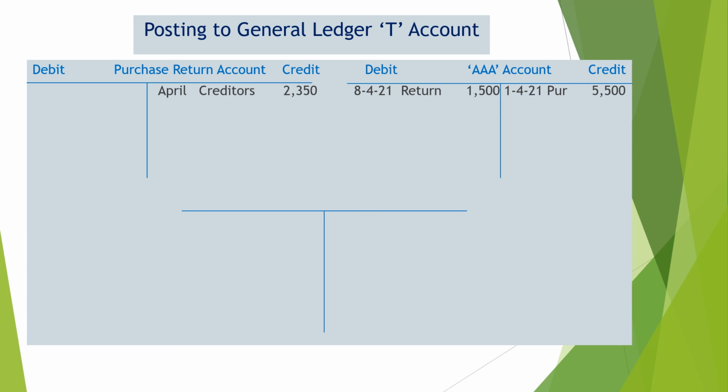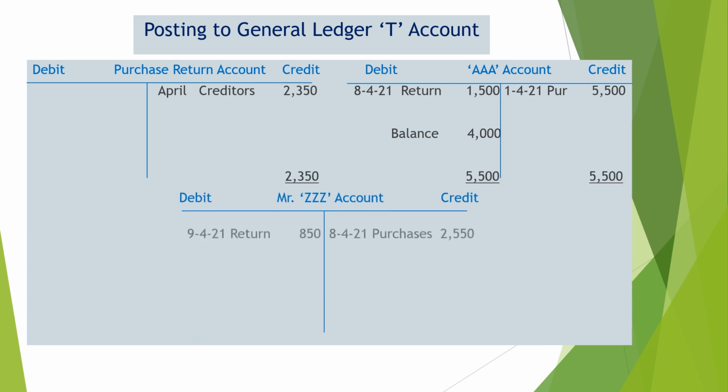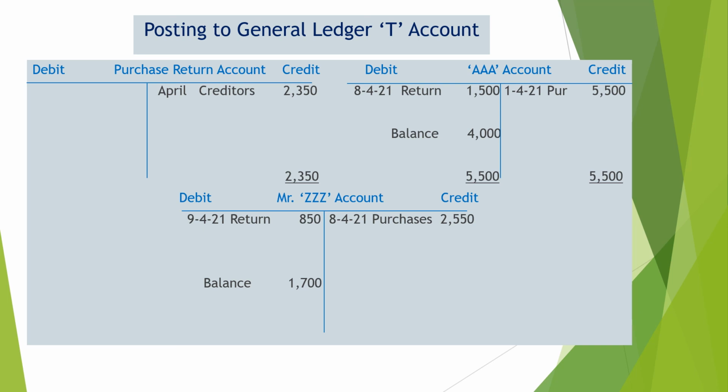And if you see the AAA account, the returned goods are debited to decrease the liability by 1,500, and the balance of each account will come. Now for ZZZ, the return amount was 850, the original purchase was 2,550, and now his balance is 1,700. The AAA balance is 4,000.